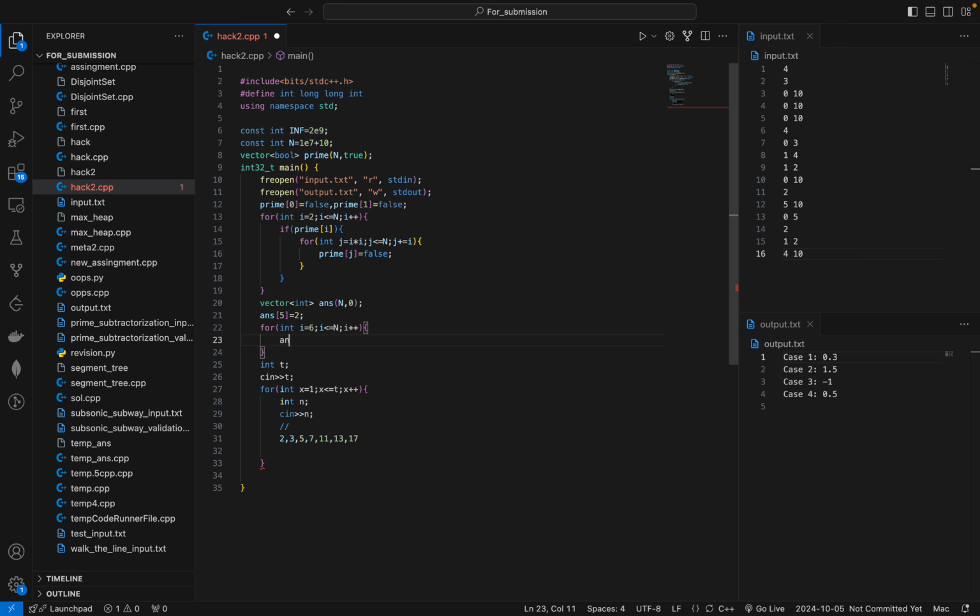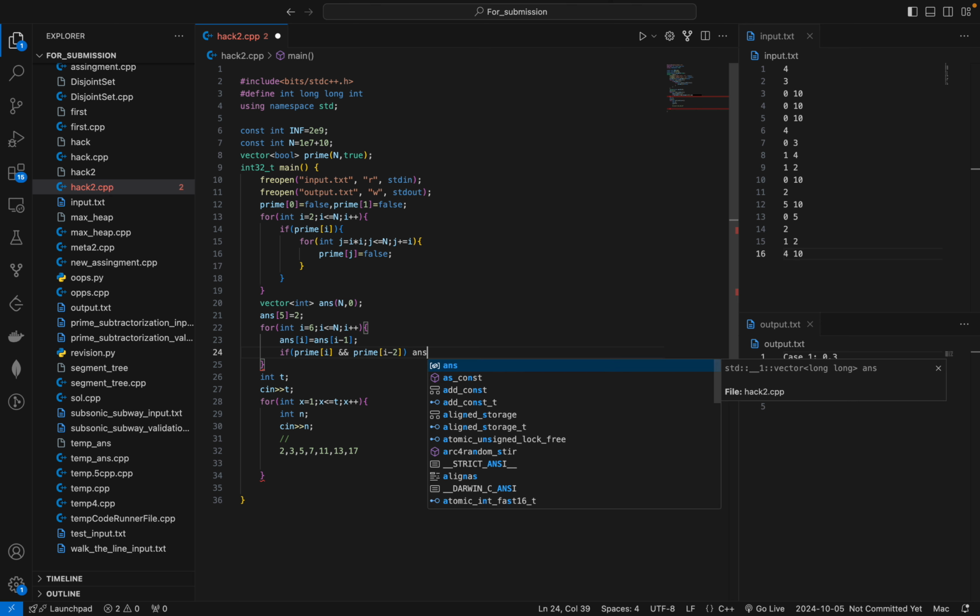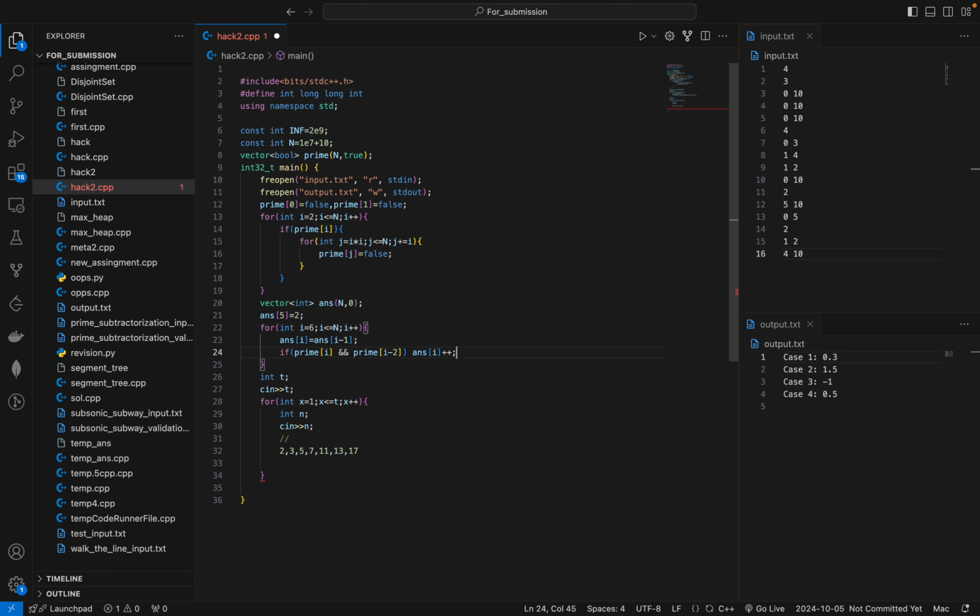Obviously the answer of i will contain all the numbers which have occurred in the set of i minus 1. Now we check if a new number can occur or not. If the current number is prime and the current number minus 2 is prime, in that case only is there a new addition at that point. For example, at 7 there will be an addition of 5, so it will satisfy this condition. 7 is prime, 5 is prime, so answer of i plus plus.